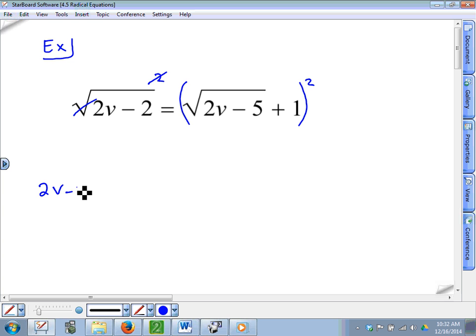So you have 2v minus 2, but check this out. On the right side, you need to write this twice in parentheses. Square root of 2v minus 5 plus 1, and then another square root of 2v minus 5 plus 1. And guess what we get to do? Distribute, just like we did on the last test.